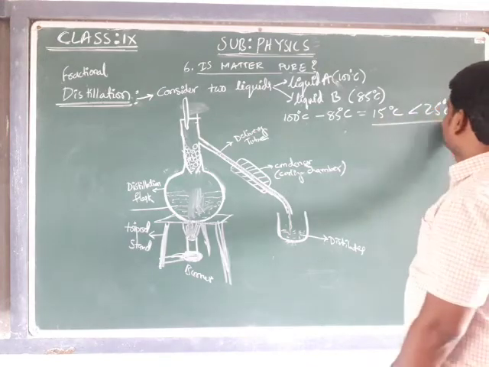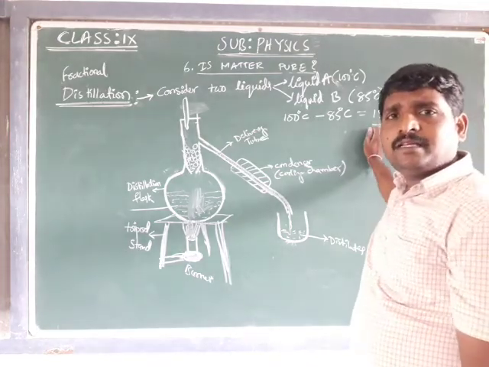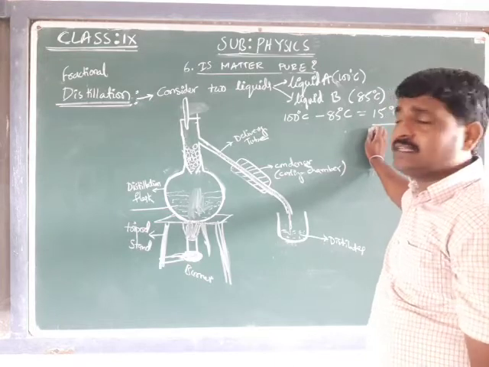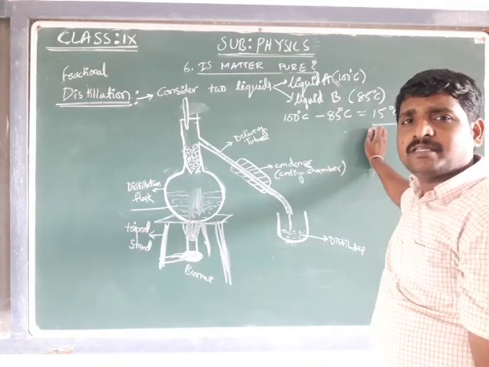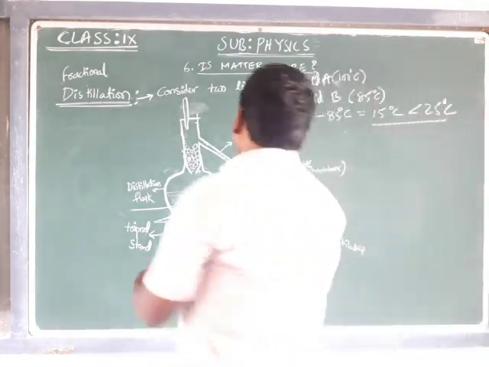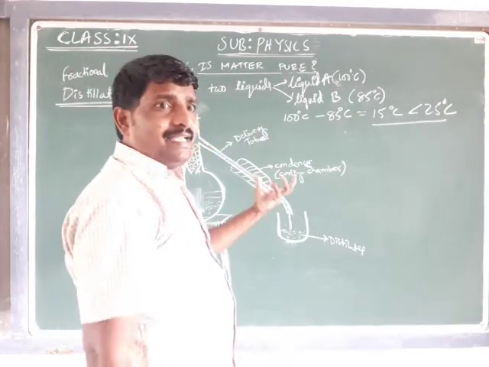As the difference between the boiling points is less than 25 degrees Celsius, we can't use the simple distillation process. Why can't we use it?